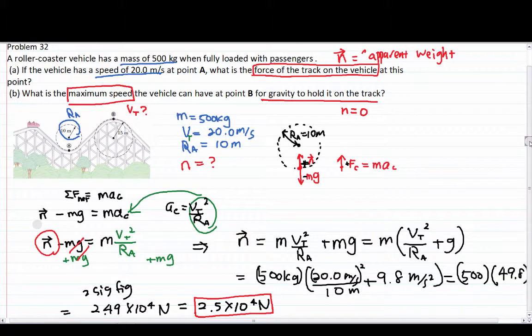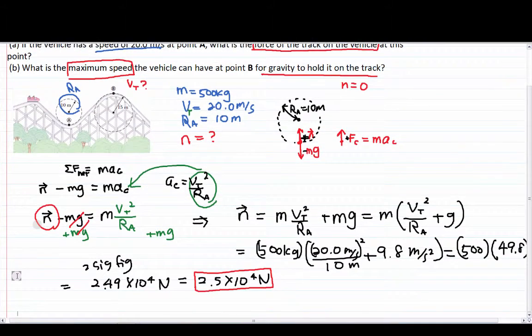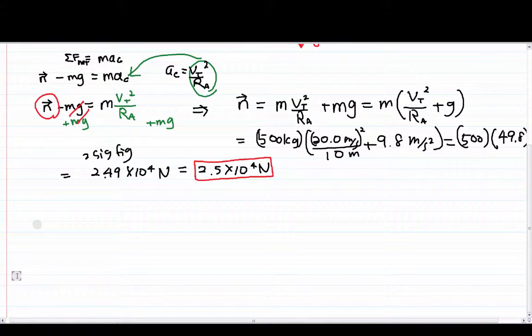So let's draw our free body diagram. This is our point B. Normal force, because this is our track, is perpendicular to it.